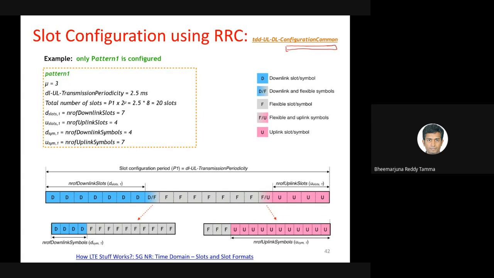As the name says, here we are telling all the users in the network what the slot configuration of this TDD cell is. And this example is something simpler to understand. I'm talking about this one pattern in this example. The meaning of pattern is the slot configuration that is valid across multiple slots.